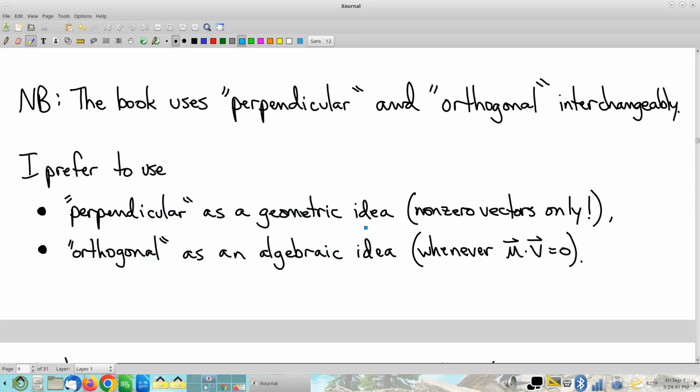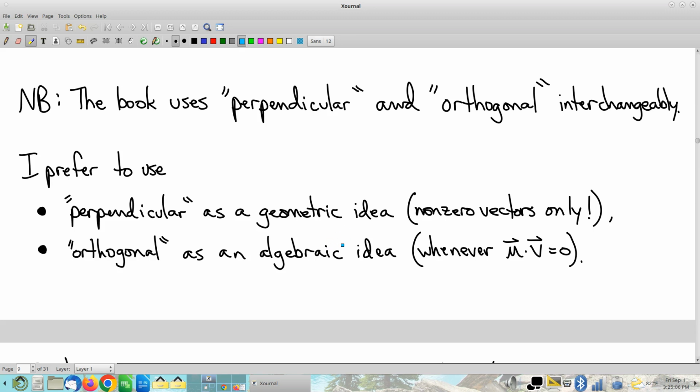I was not brought up being upset about this distinction. This is something I developed later in my mathematical life. So I make mistakes sometimes, and I say orthogonal when I meant perpendicular and vice versa. And I will regret every single one of those. And please catch me on it if you do. Call me on it if you catch me on it. But try to be careful with that on your own.